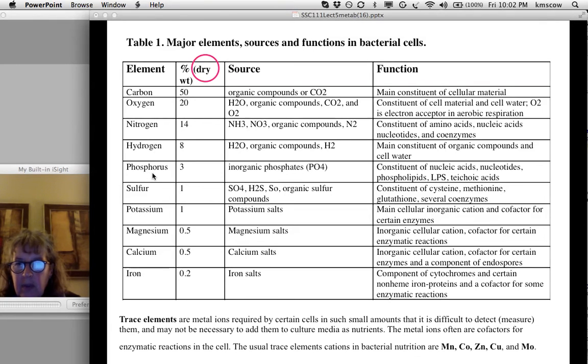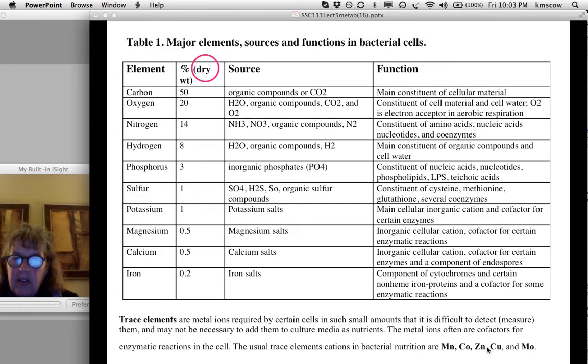But the next one's going to be phosphorus, then sulfur, potassium, and then these other ones as well. And you go from macro to micronutrients, right, as you move down into these elements that are needed in much smaller amounts, except they are, of course, very, very important as well for cells to grow.